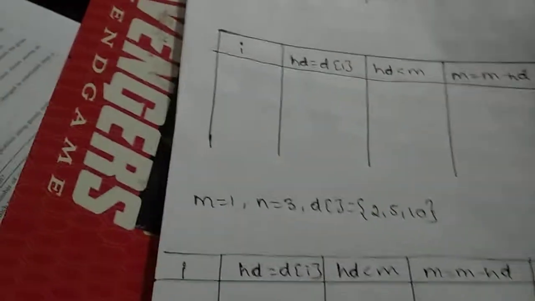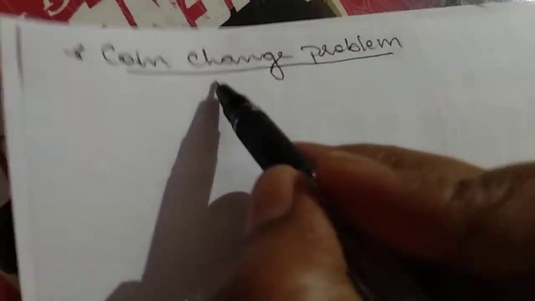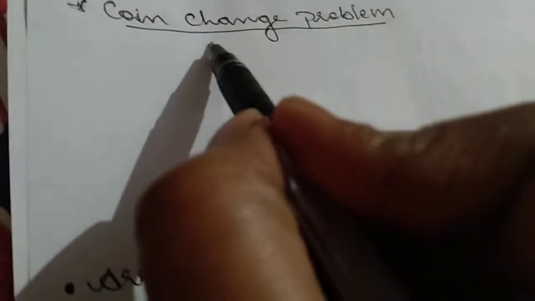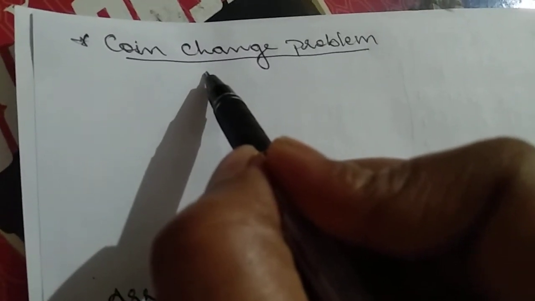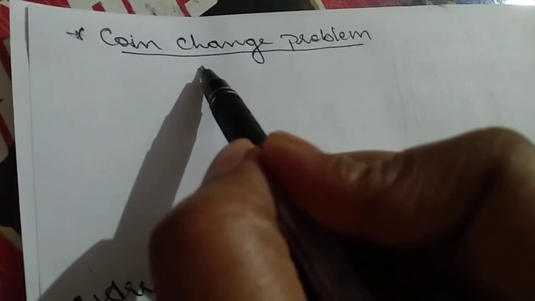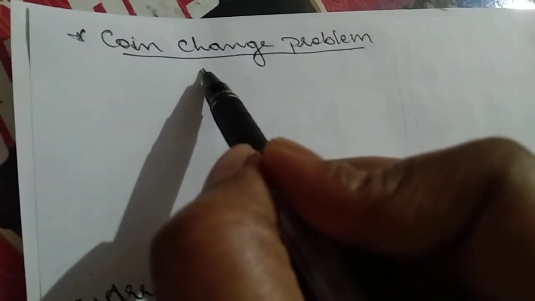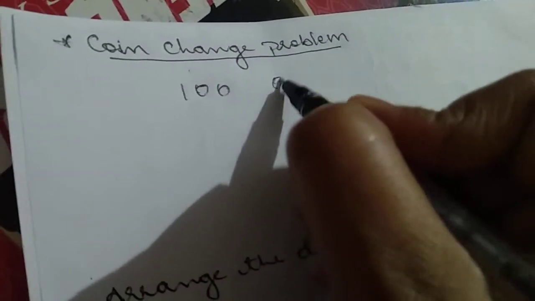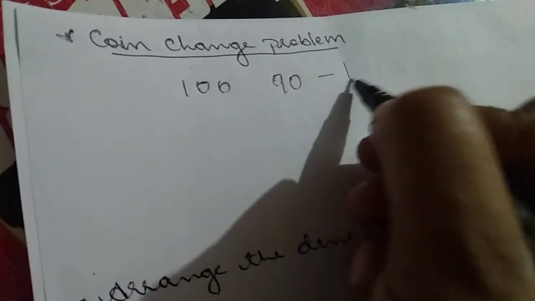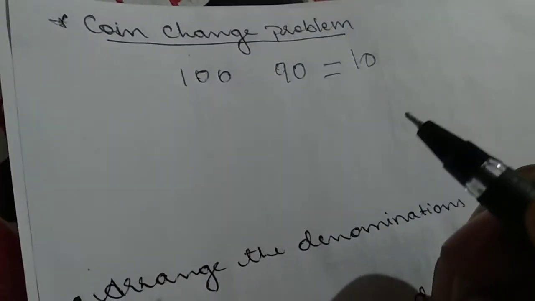Okay, see here, this is your coin change problem. First I'll tell you what you mean by this coin change problem. For example, if you go to a shop and you have purchased something that costs 90 rupees and you have given 100 rupees to the shopkeeper, then the cost is 90 rupees. What is the change you have to get? 10 rupees.